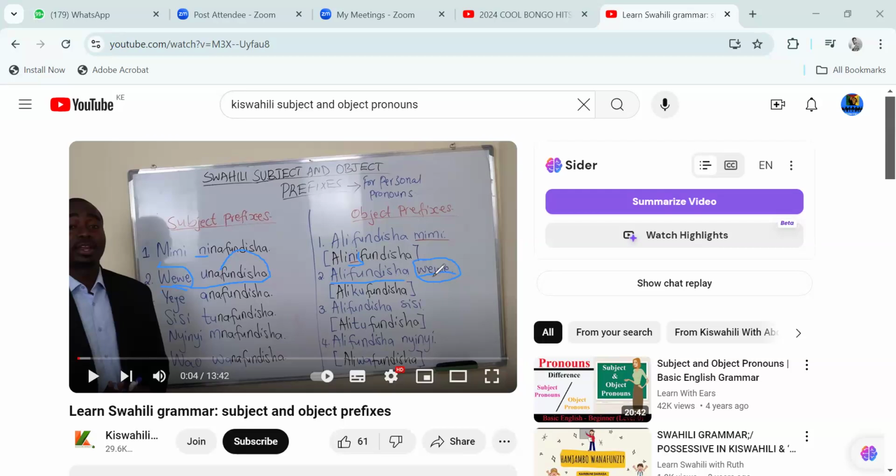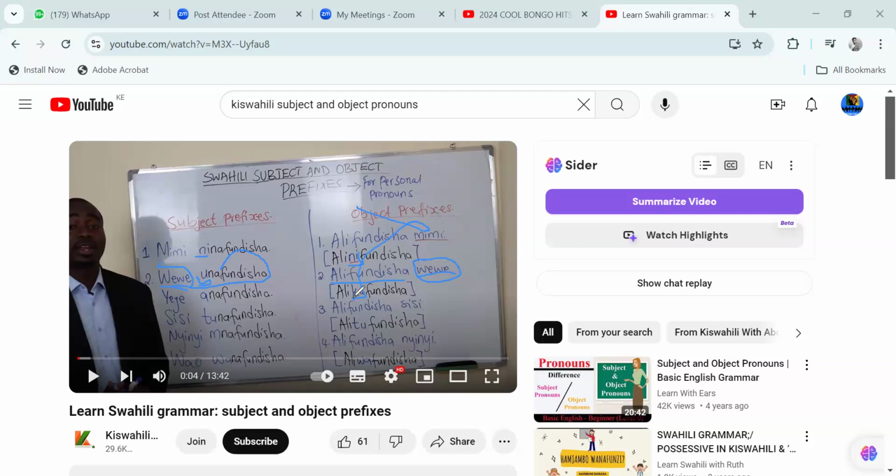Remember, in the subject part, we said wewe unafundisha. So here the prefix was u. Are we together? But in the recipient aspect of the object, for you to replace wewe, you will replace wewe with ku. So you will say alikufundisha.